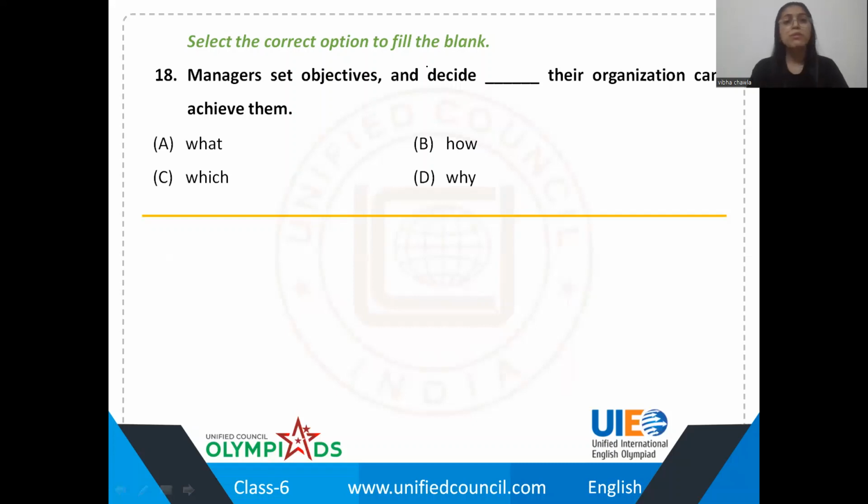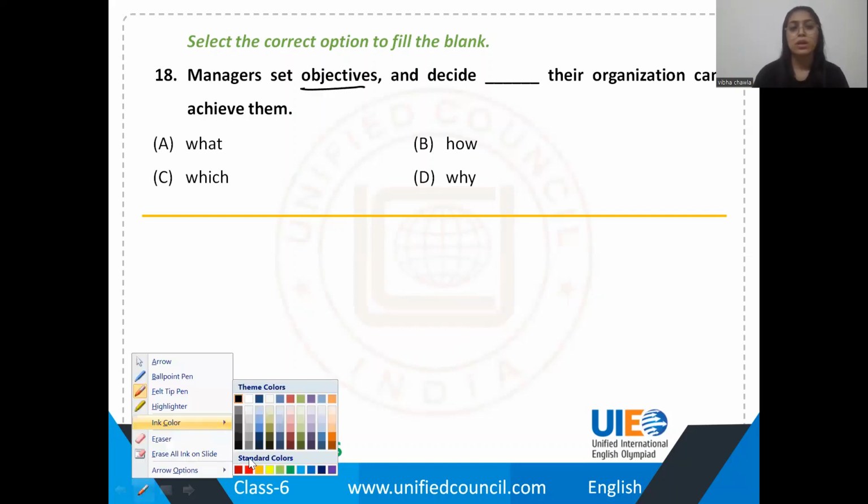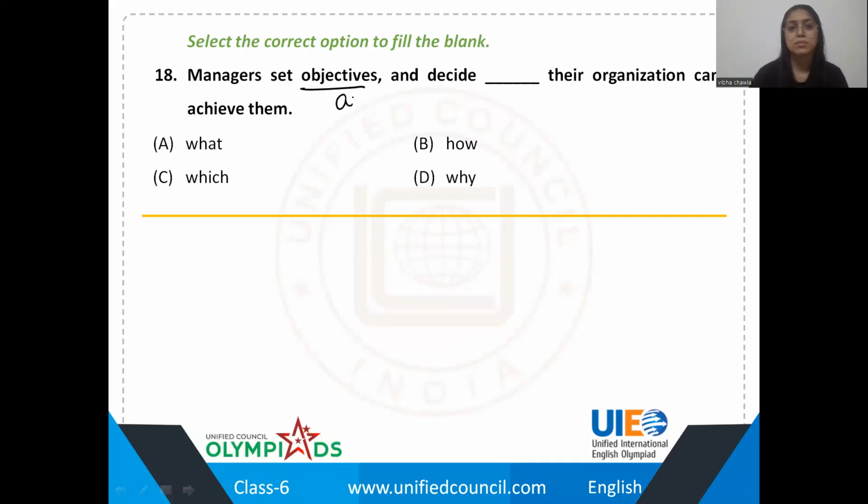Okay. Then the next one we have: managers set objectives. Objectives means aims. And decide blank their organization can achieve them. After setting objectives, managers decide how their organization can achieve them.